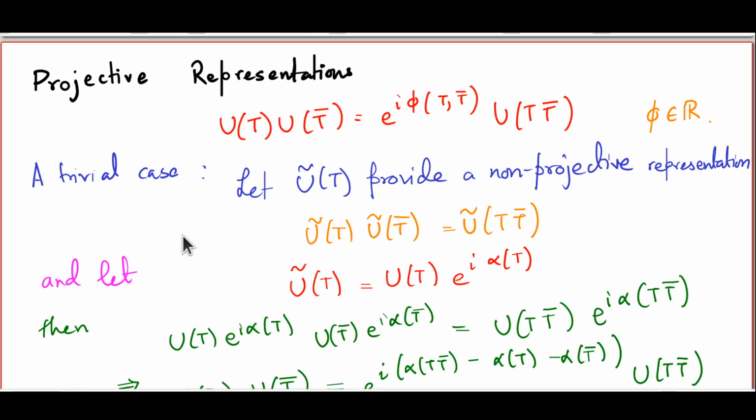This, of course, differs from standard representation in group theory. A representation would map every symmetry operation to a corresponding operator such that U T U T bar would be equal to U T T bar. The presence of this extra phase, e to the i phi of T comma T bar, is what leads these things to be called projective representations, or more colloquially, representations up to a phase.